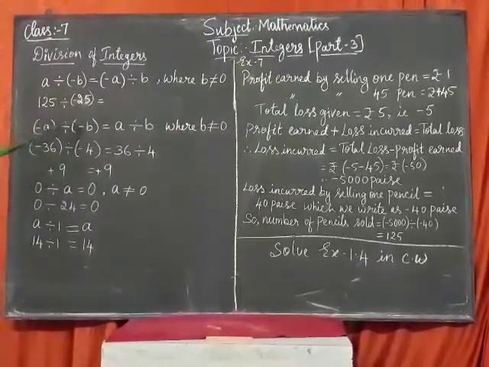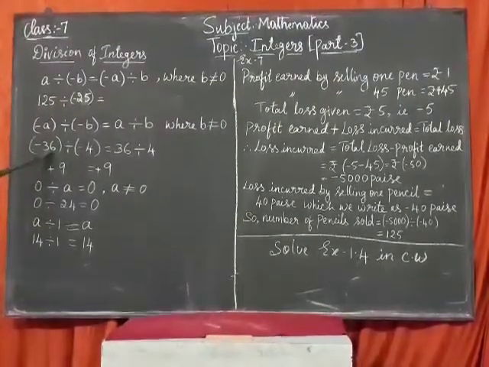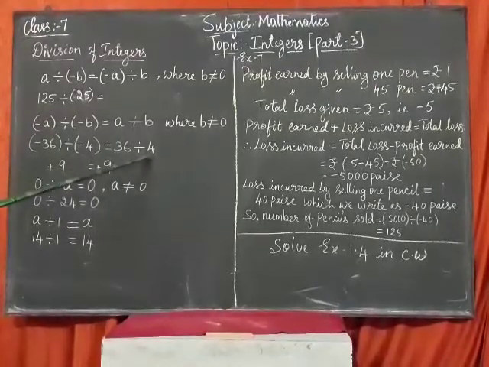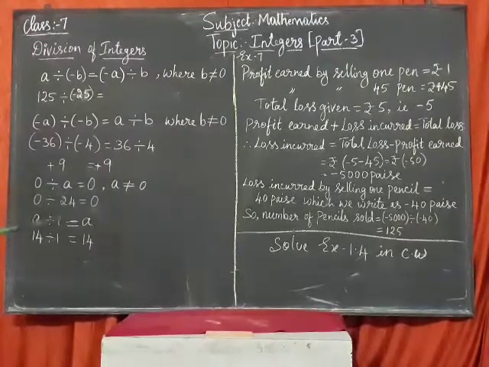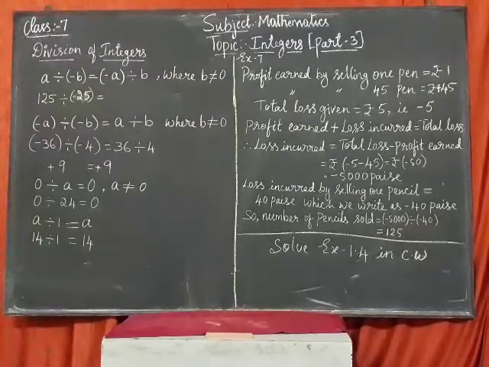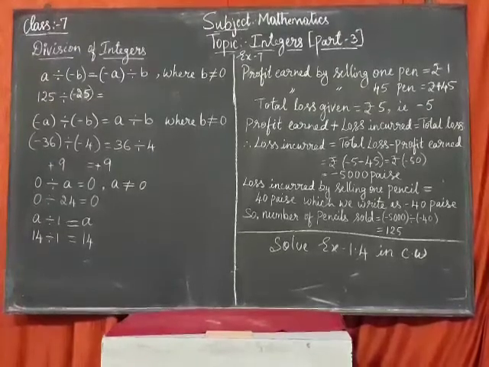That is minus into minus will become plus. That is minus 36 divided by minus 4, or 36 divided by 4. Both the answers are the same, that is plus 9. As we saw in the last video, plus into plus is plus, minus into minus is plus, plus into minus is minus, minus into plus is minus.